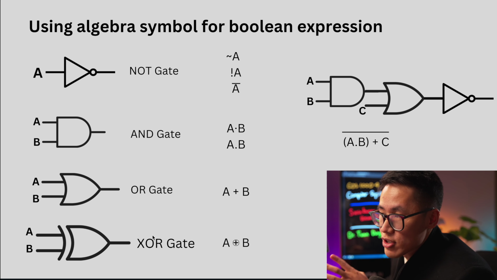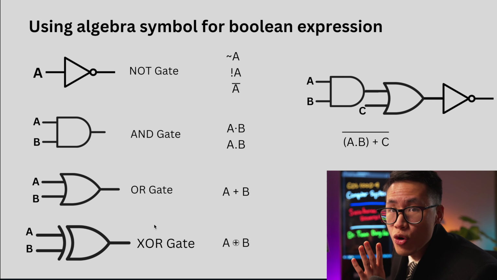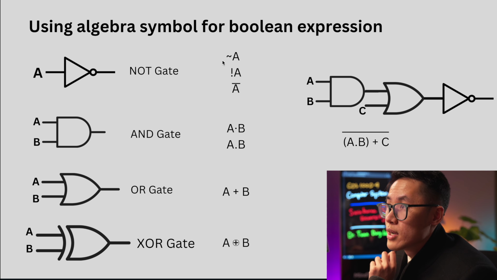So the output of XOR, you make it go through a NOT gate, it will become an XNOR. You can just write a dash on top. But these are all the things that you need. A dash, A with a dash on top, A dot B, A plus B, and A, this symbol B. These are called the algebra symbol.